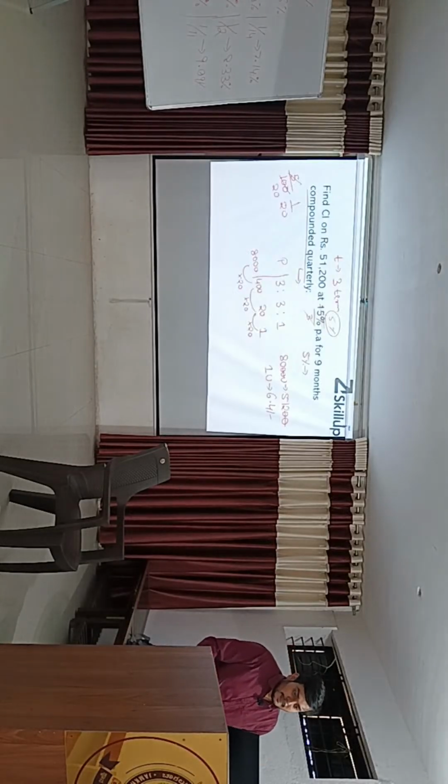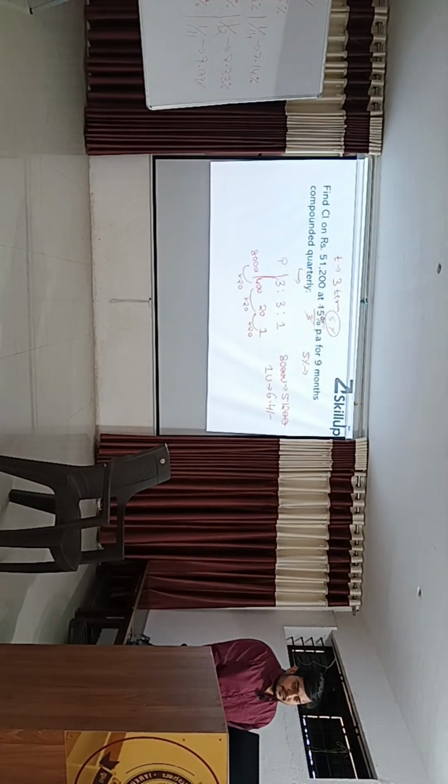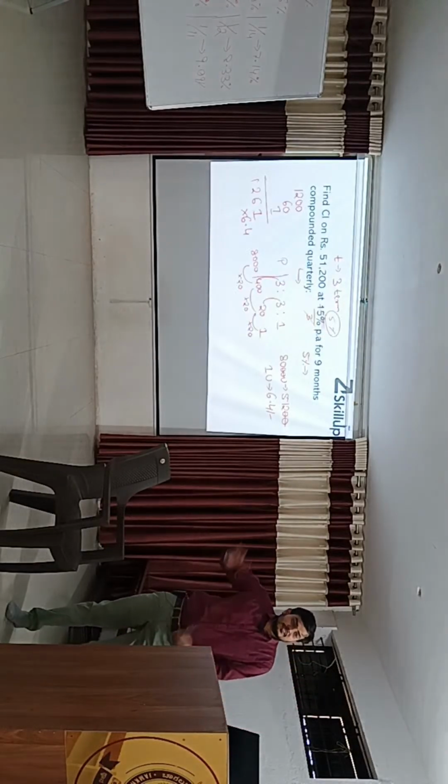Now what is needed? Compound interest. 4 3s are 1200 plus 3 2s are 60 plus 1. That is 1621 into 6.4. 1 unit is 6.4.